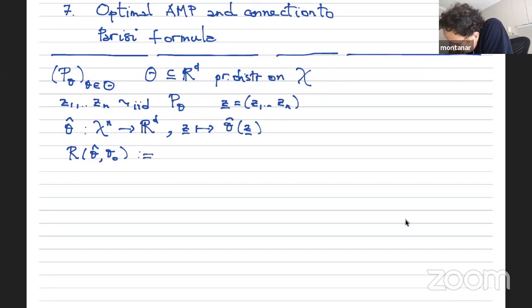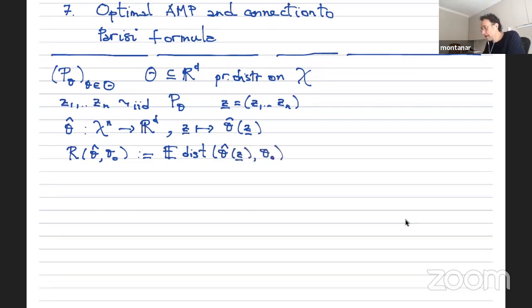It is defined as the expectation of some distance between theta hat of Z and theta 0. This expectation is taken when theta 0 is the true value of the parameters.